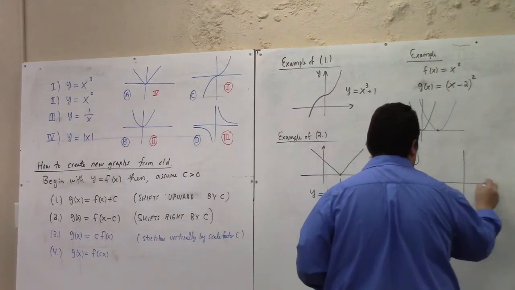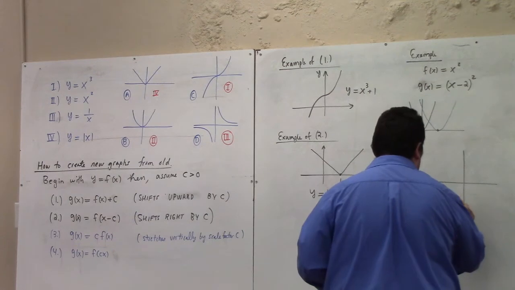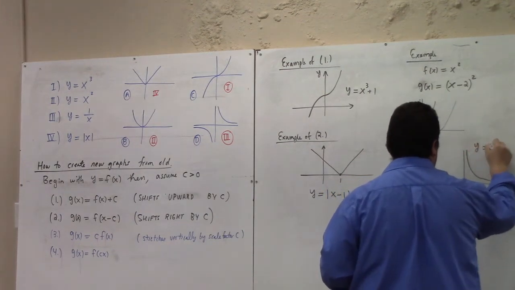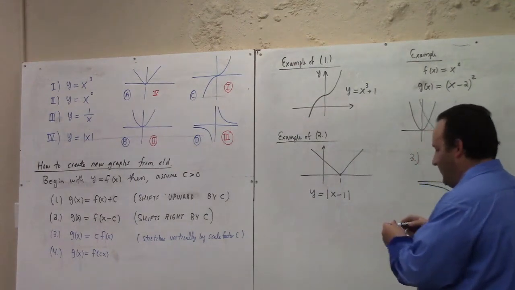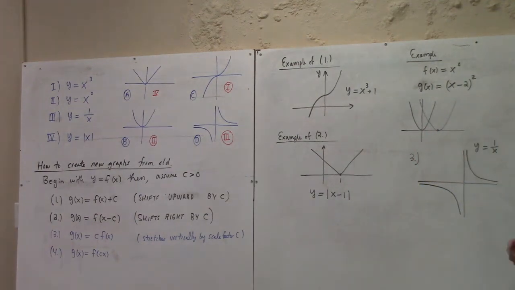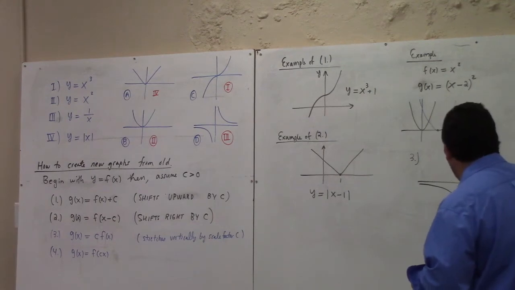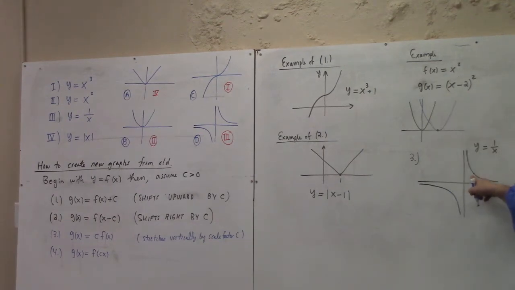So if this is y equals 1 over x, what would y equals 2 over x look like? So if this point is 1, 1, y equals 2 over x is what? 2, 1, right?